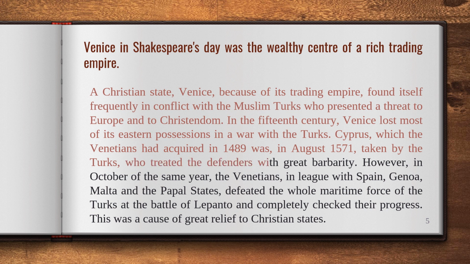Cyprus, which the Venetians had acquired in 1489, was, in August 1571, taken by the Turks, who treated the defenders with great barbarity. However, in October of the same year, the Venetians, in league with Spain, Genoa, Malta, and the Papal States, defeated the whole maritime force of the Turks at the Battle of Lepanto and completely checked their progress. This was a great cause of relief to the Christian states.